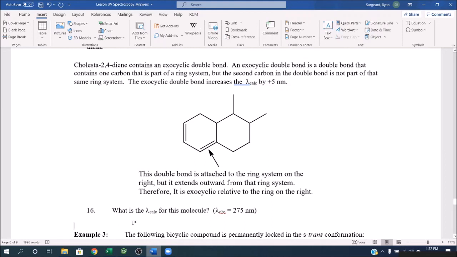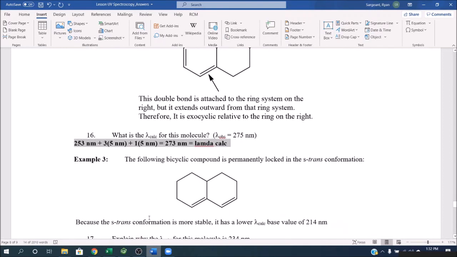Well, what we came up with was the base value is 253 nanometers plus 3 alkyl groups at 5 nanometers apiece plus 1 exocyclic bond at 5 nanometers. And so this is equal to 253 plus 20, so 273 nanometers. That's what lambda calc is. And this is within the 4 nanometers that we're supposed to observe based on the Woodward-Fieser rules.